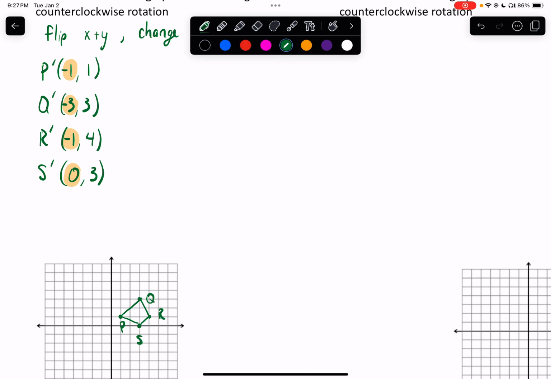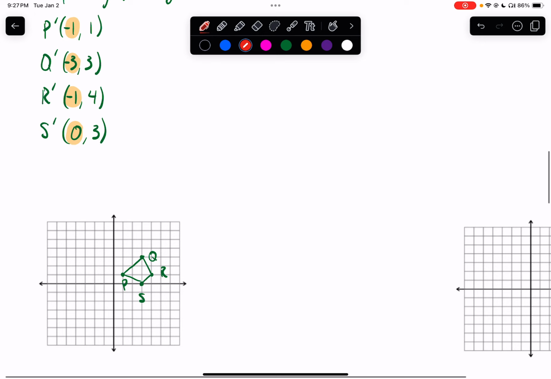And so when I do that, now I can plot PQRS prime. So -1, +1, -3, +3, -1, 1, 2, 3, 4, and then 0, 1, 2, 3. Just like that. P, Q, R, S prime.